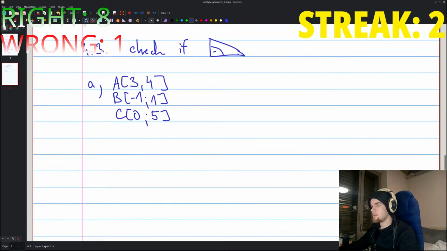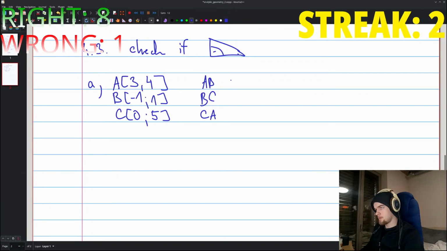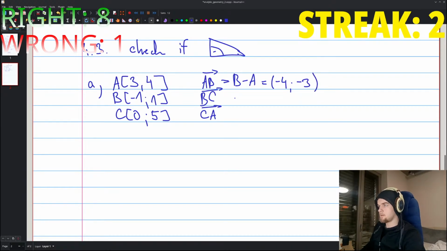So I have to get all the vectors, so let's say AB, BC, CA. So this is B minus A, which is -1, -3, -4. 1 minus 4 is -3.